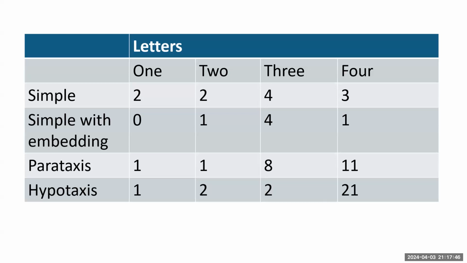Letter 2, we have a bit more hypotaxis. Letter 3, we have a bit more parataxis. And letter 4, we notice that there is a great deal more parataxis. He's grown up. He's not writing as an adult.